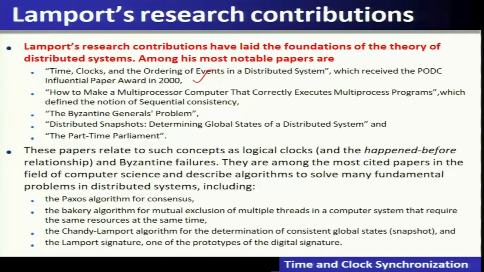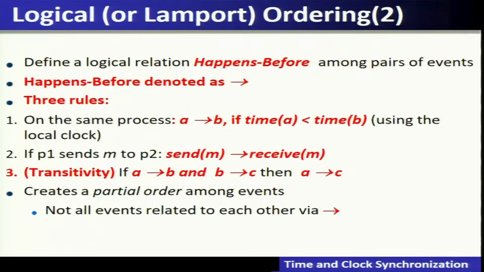Now let us understand this work in more detail to appreciate it and how that is all done without having the physical clock synchronized, yet you can order the events using the mechanism called Lamport's clock. So define the logical relation, called the happened-before relation, among a pair of events, which is noted down by that relation.